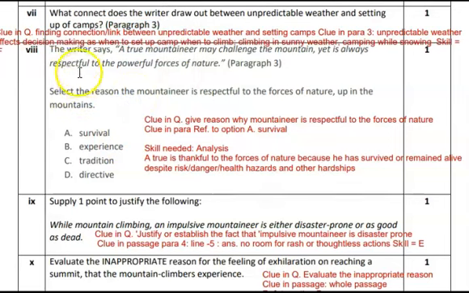Again, question number 8. The writer says a true mountaineer may challenge the mountain, yet is always respectful to the powerful forces of nature. Again, this statement is from the third paragraph. Same thing, you don't have to do anything. You have to find out why. This is the clue. Respectful, why?